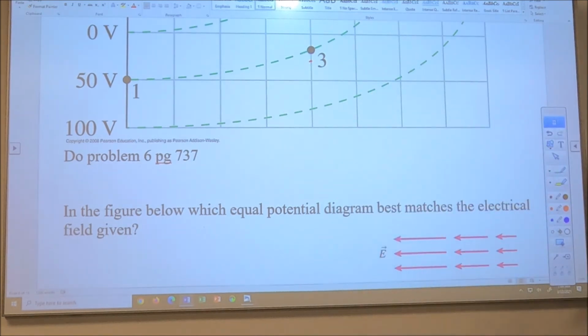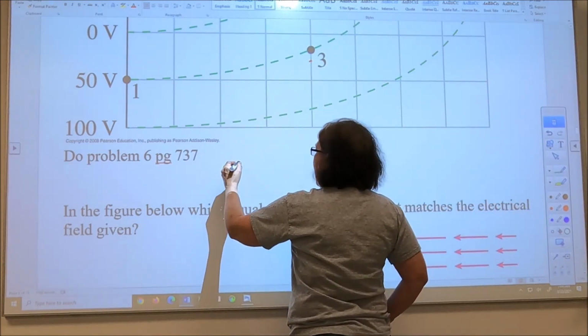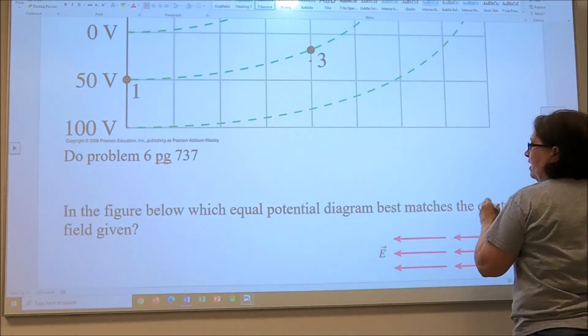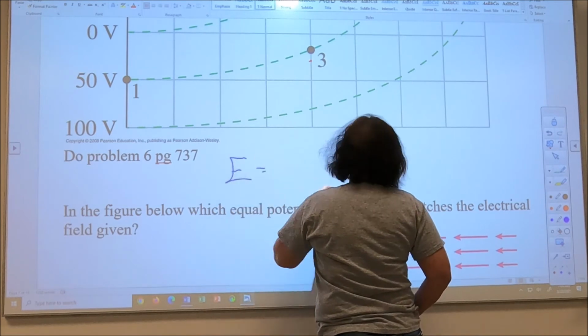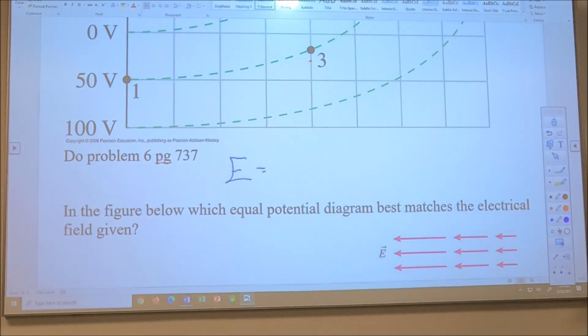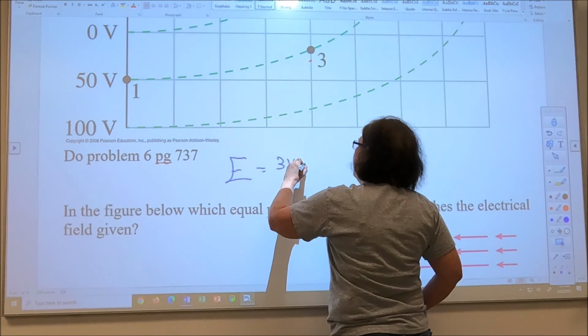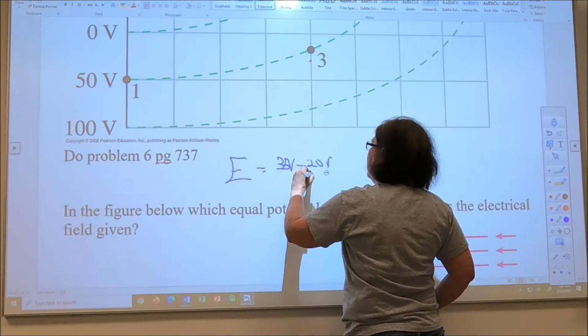I'm just going to write it out here. So if I look at finding the strength of the electric field, E, it's just going to be the change in voltage, and the voltages were 20 and 35. So 35 volts minus 20 volts.